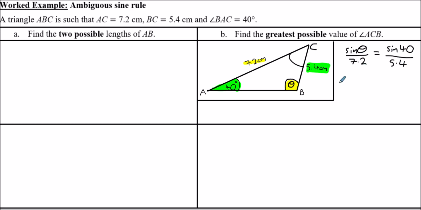So therefore, working out the principal value of theta, theta is going to be sine minus 1 of 7.2 multiplied by sine 40 all over 5.4.